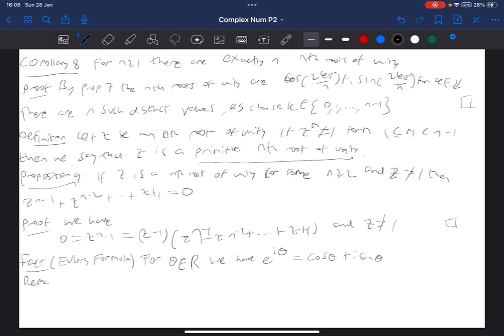Remark: this gives a very convenient way to represent a complex number.